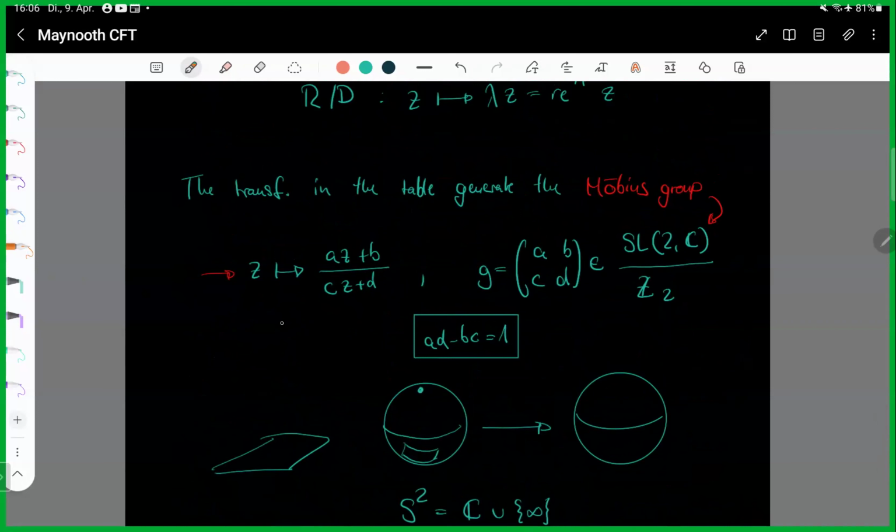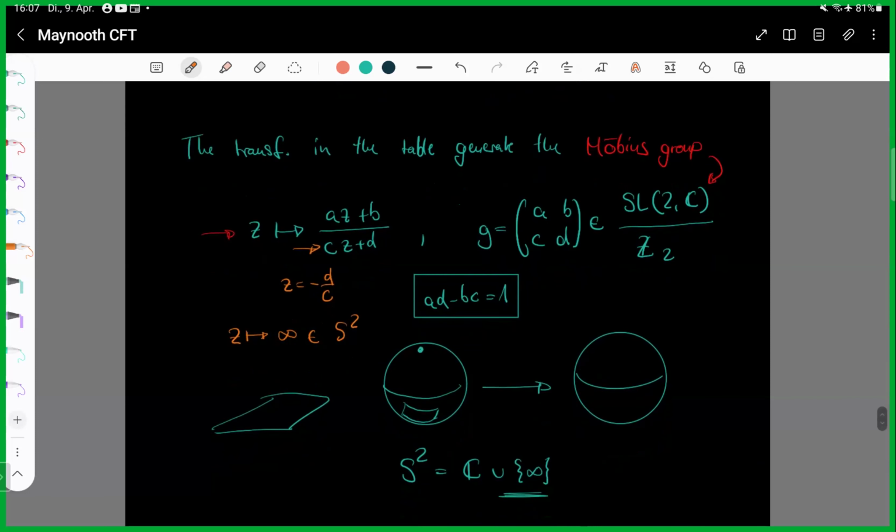If you take z equals minus d over c, then you see that you generate a 0 here. But what that means is that z is being mapped to the point at infinity, which is in the Riemann sphere. In that sense, it sort of exists and it's well defined. Does that help?